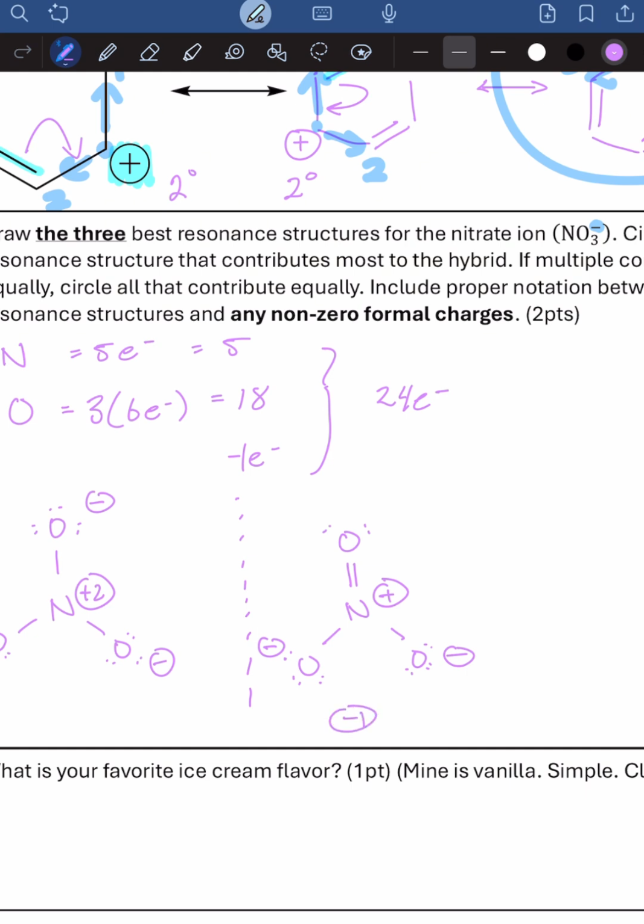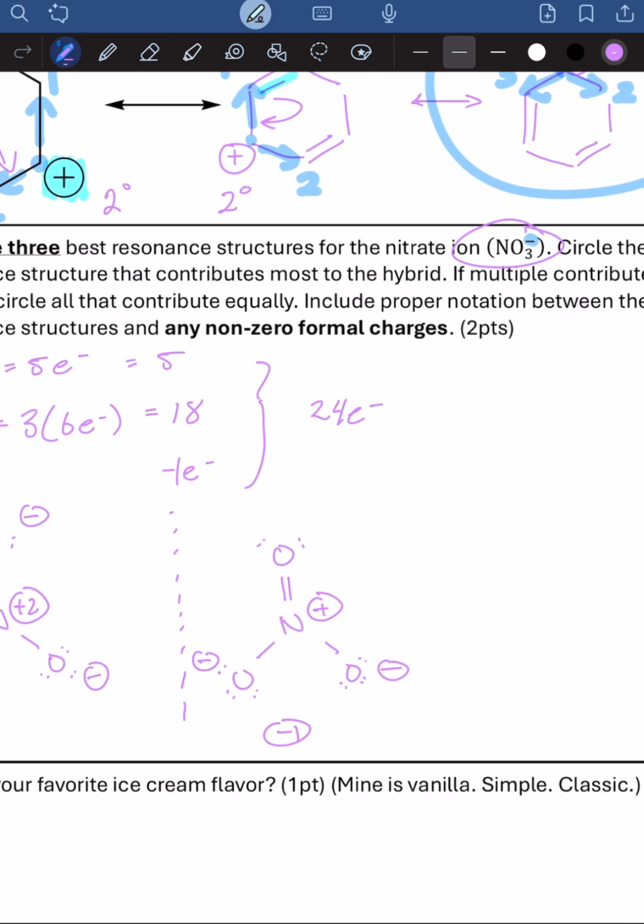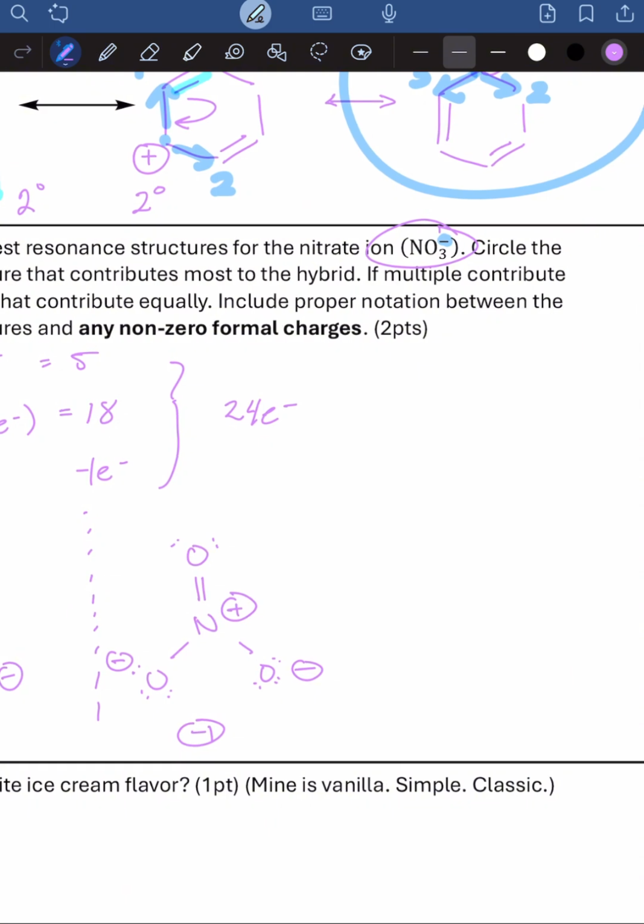You can double check that. 2 negatives and a positive. It's going to be -1, which is consistent with the nitrate ion as indicated up here. Okay, and we're going to draw 2 more resonance structures. So the best 2 resonance structures are actually going to look identical to this one, but just different oxygen atoms contributing.